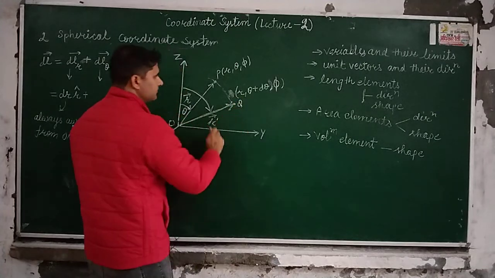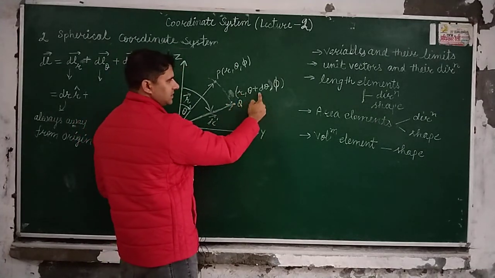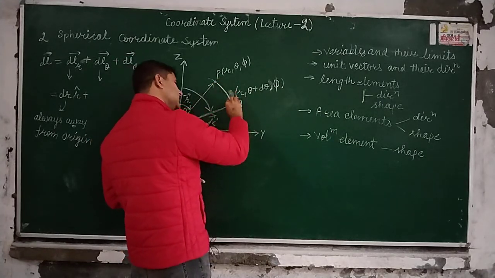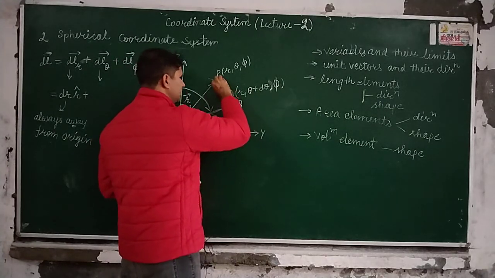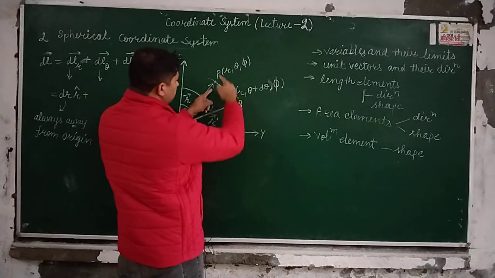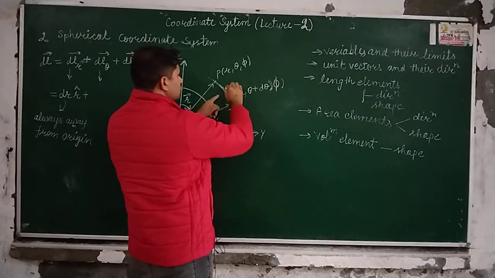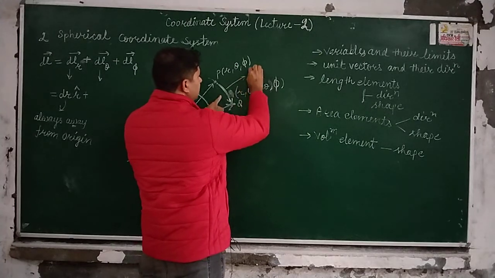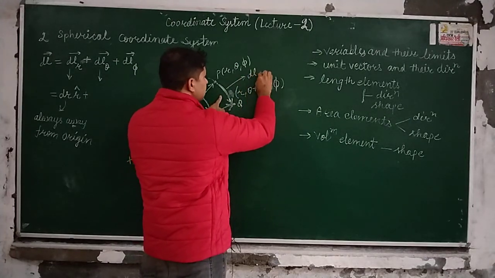This is point Q whose coordinates are R, theta plus d theta and phi. Now we are to find this length element, P to Q.